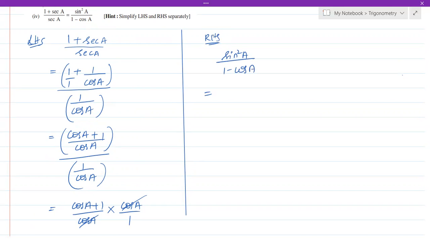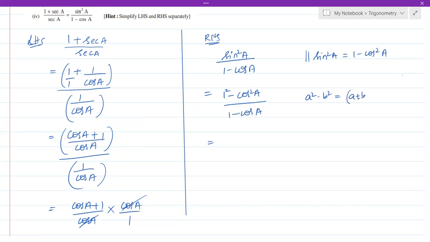Same procedure. Is there any identity? Yes, there is an identity. That is, sine square A can be written as 1 minus cos square A. We know this identity, so let's use it. Sine square A can be written as (1 minus cos square A) divided by (1 minus cos A). Now, this 1 can be written as 1 square, so the numerator is in the form of a square minus b square.